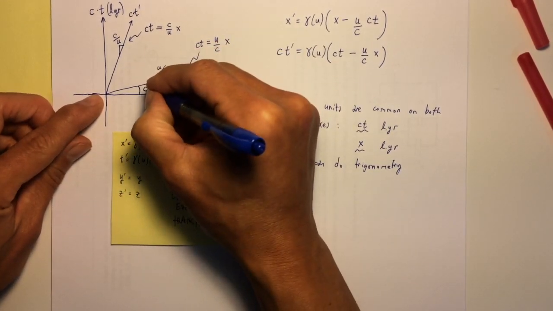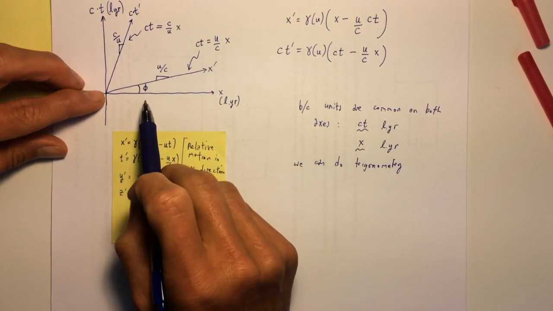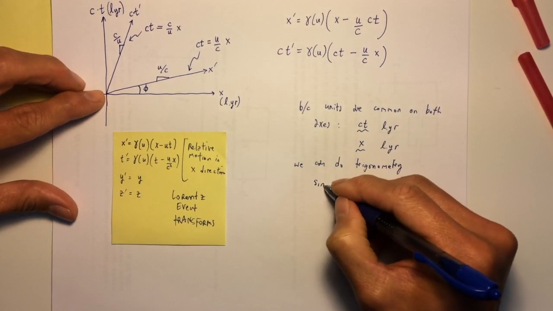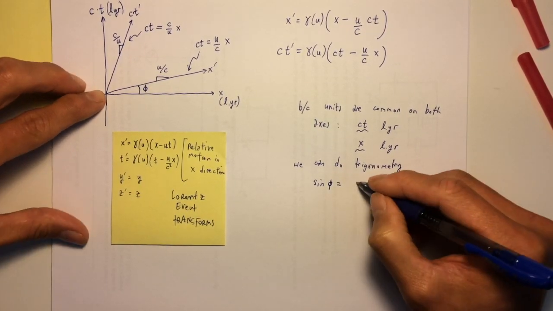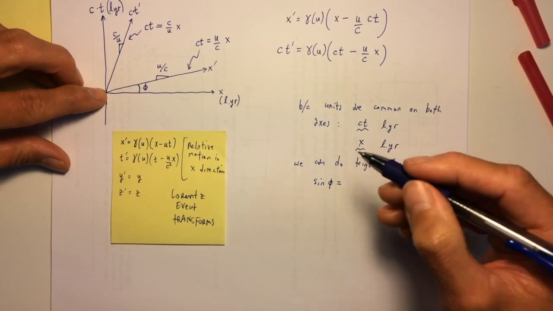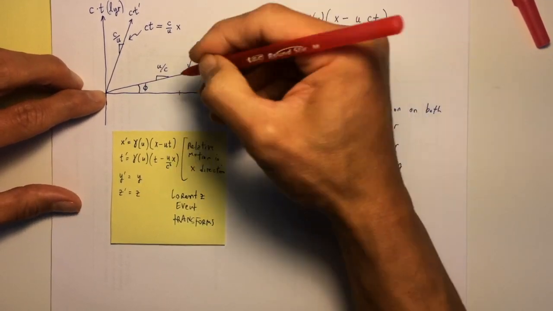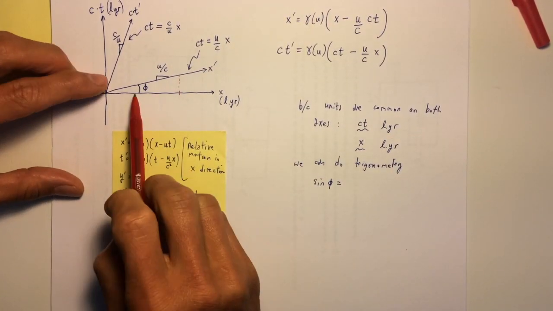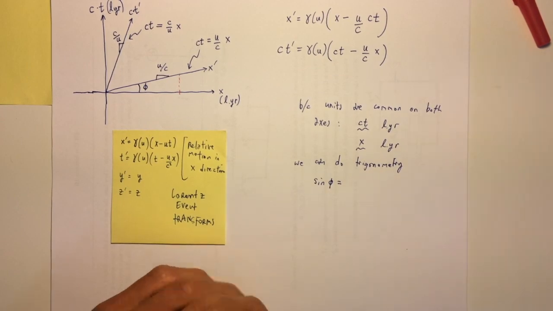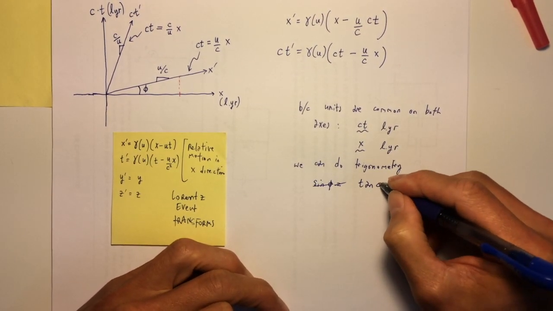I'm going to call it an angle phi. And if you think about it, the sine of the angle phi is equal to, right? It's going to be, for example, if you just pick any sort of x value and make a triangle, right? Whoops, I don't mean the sine of phi. Sorry. I mean the tangent of phi.